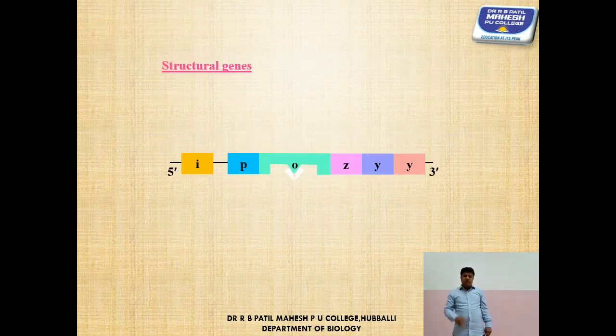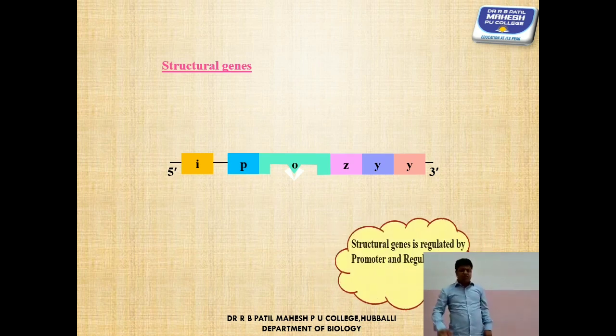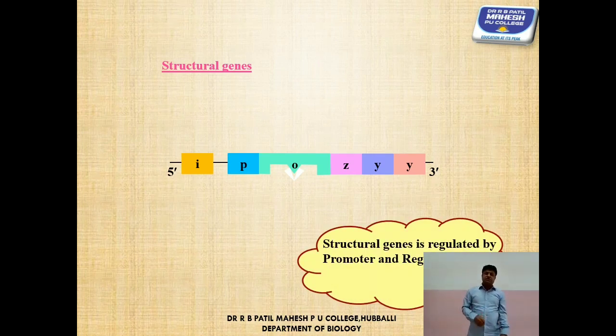The operon consists of a set of genes. One is structural genes. So structural genes, in case of prokaryotes, it's already known that the structural genes are polycistronic.